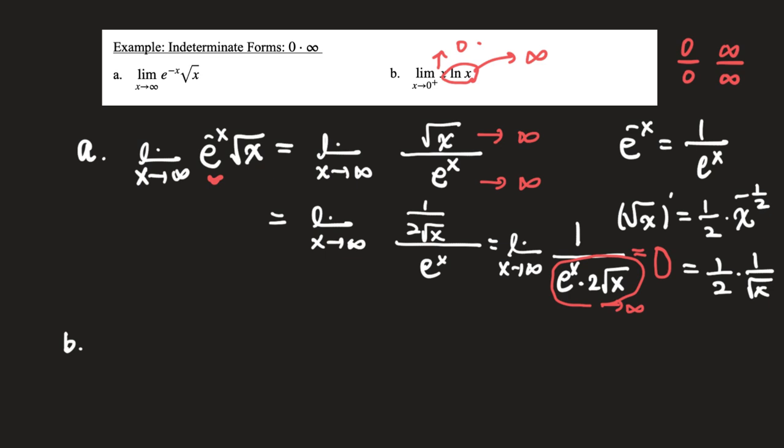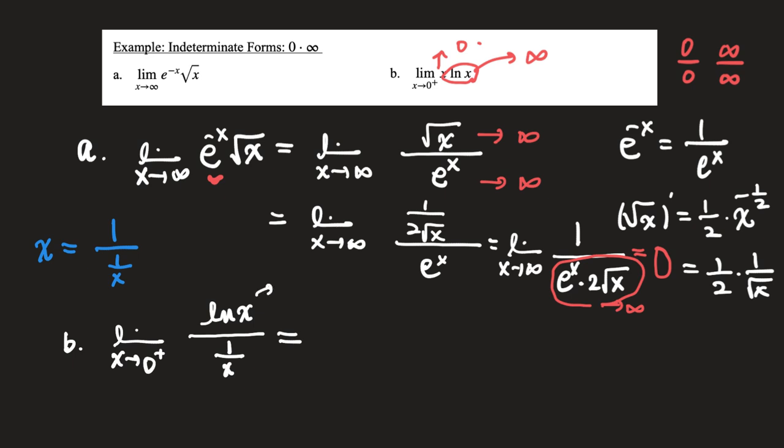I'm going to decide x goes to the denominator. So the limit as x approaches 0 from the right: the top is ln x, and x in the denominator becomes 1 over x. You have sent one factor to the denominator to make a fraction form. After that, make sure this goes to infinity and this goes to infinity.